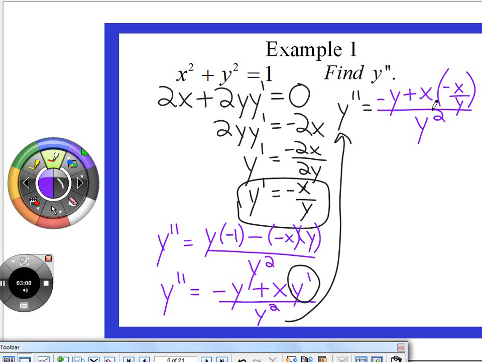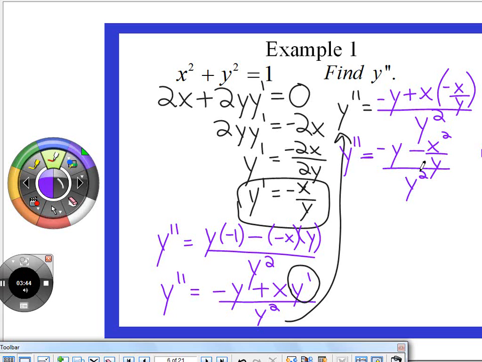Okay, so I'm going to do a little bit of algebra here. First step, just to clean it up, I have negative y minus x squared over y, all over y squared.